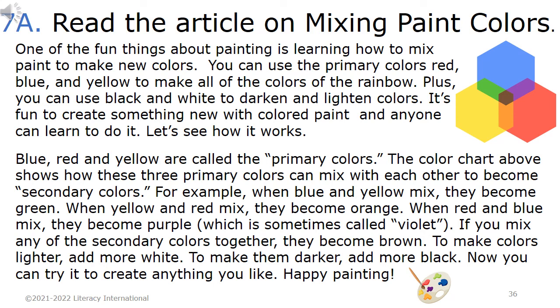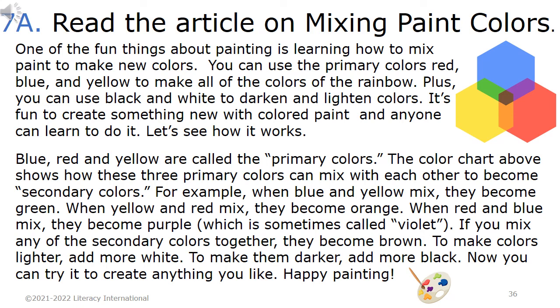Blue, red, and yellow are called the primary colors. The color chart above shows how these three primary colors can mix with each other to become secondary colors. For example, when blue and yellow mix, they become green. When yellow and red mix, they become orange.